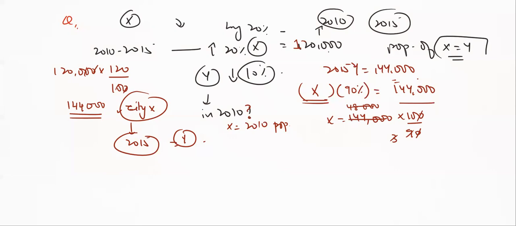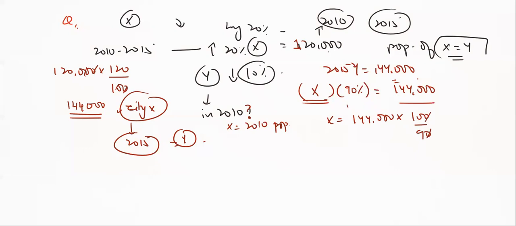so 90 it is then, no? So if I just look at it, if I solve it, it would become 144,000 into 100 upon 90. Solving it further would give us the value.